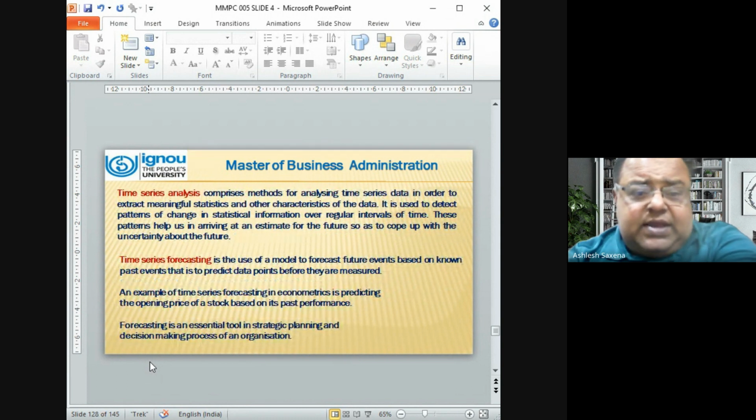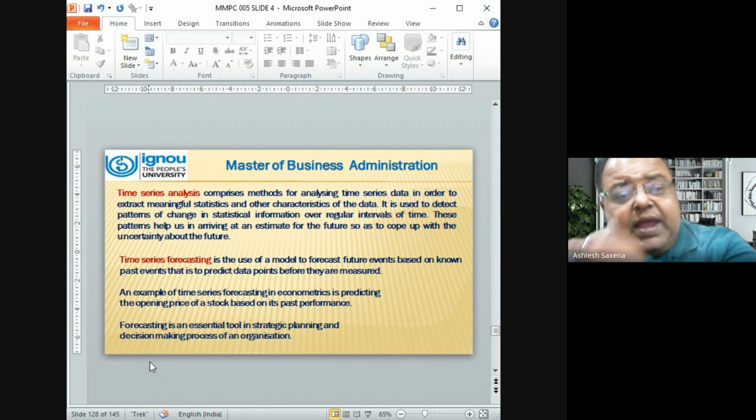Time series analysis comprises methods for analyzing time series data in order to extract meaningful statistics and other characteristics of the data. It is used to detect patterns of change in statistical information over regular intervals of time. These patterns help us arrive at an estimate for the future so as to cope with the uncertainty about the future.